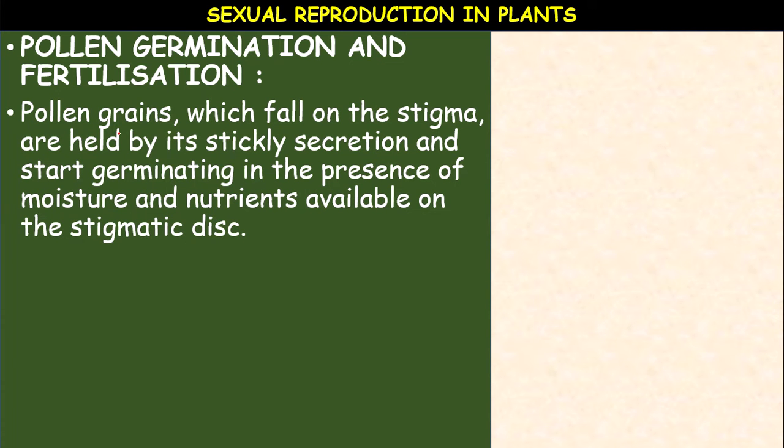Pollen germination and fertilization. As soon as the pollen grain reaches the stigma, the pollen grains which fall on the stigma are held by its sticky secretion and start germinating in the presence of moisture and the nutrients available on the stigmatic disc.